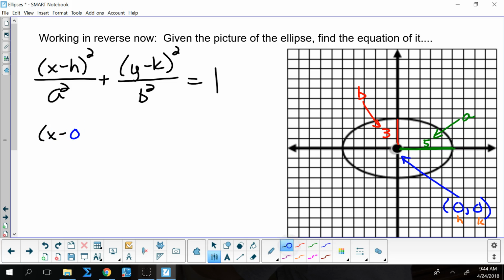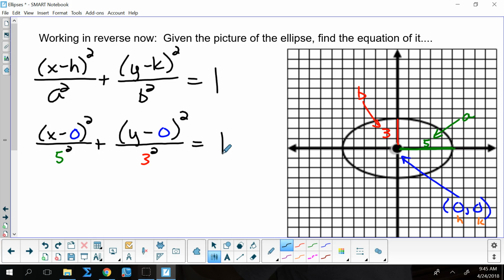0, quantity squared, all over a is 5 squared, plus y minus k, quantity squared, all over, so that's y minus 0, and then b is 3, and that equals 1.